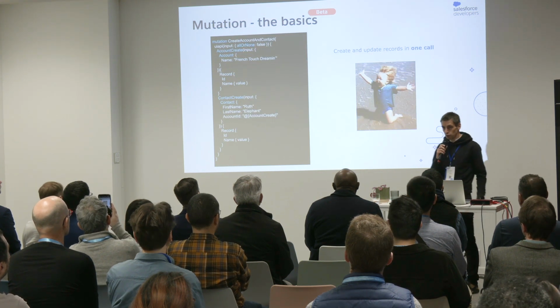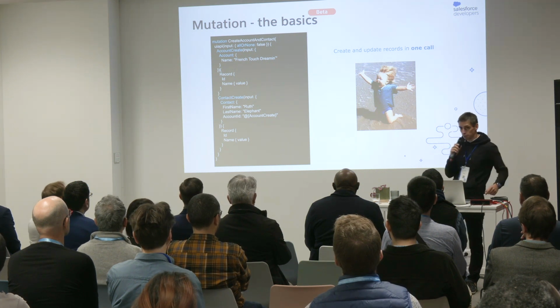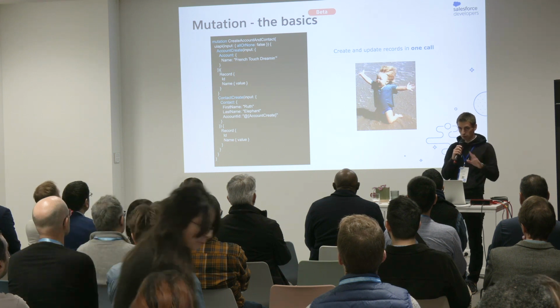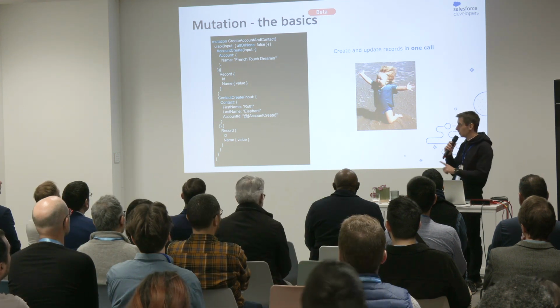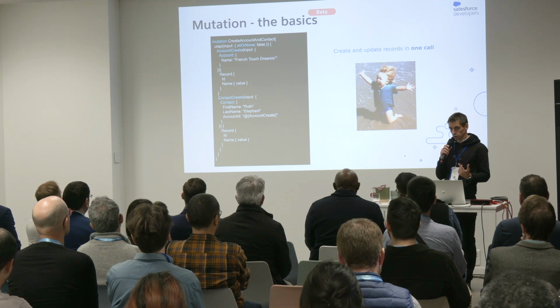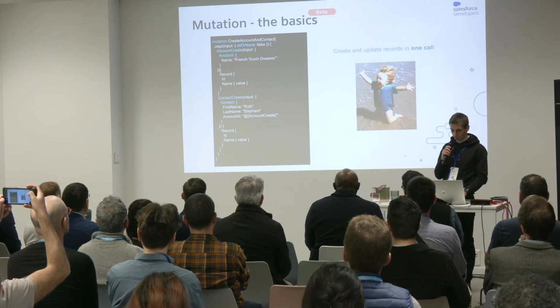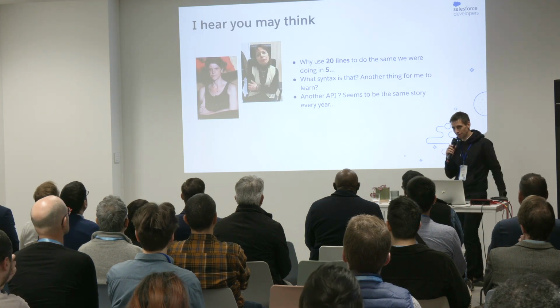You can mutate the data. So you can query the data and you can mutate the data. Be careful, it's in beta. So this is not yet GA, but you can also create and update multiple records in one API call through this API.